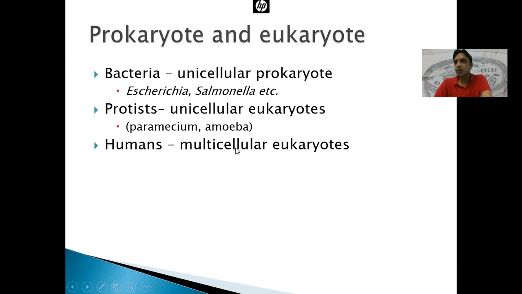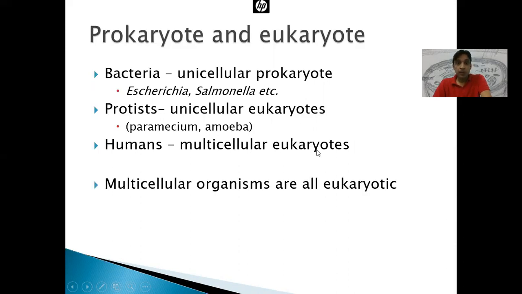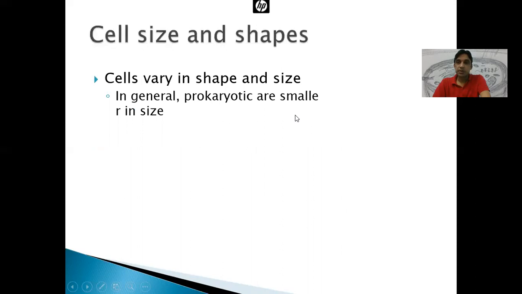Humans are another example of multicellular eukaryotes, and so are plants. They have hundreds of thousands of trillions of cells, all of them eukaryotic cells. That is why they are called eukaryotes. So all the big multicellular organisms are basically eukaryotes.